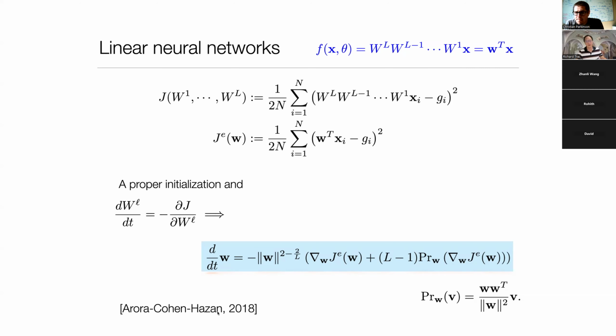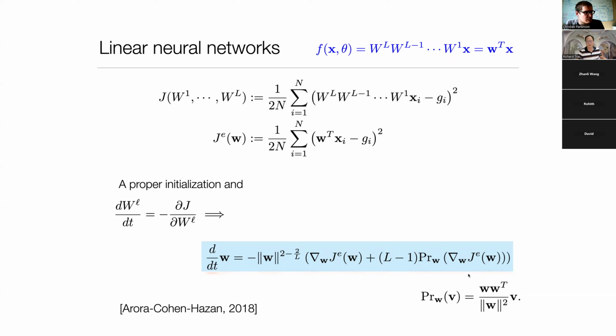The three authors derive in this nice paper that if your weight matrices are initialized in a certain way, then the gradient flow with respect to all the weight matrices can be summarized into a dynamical system governing how the so-called end-to-end weight would change. It's an ODE, and it goes like this.